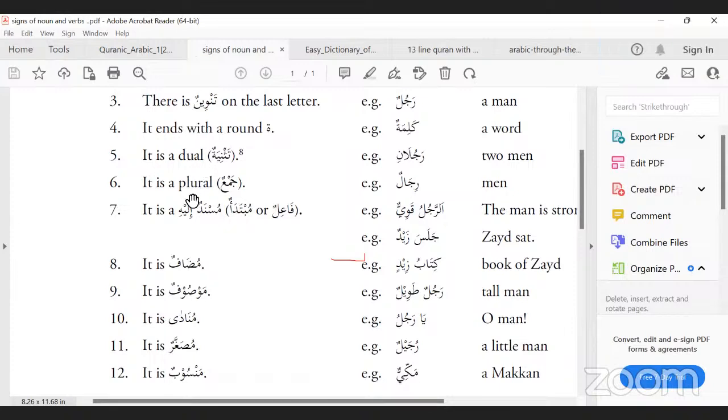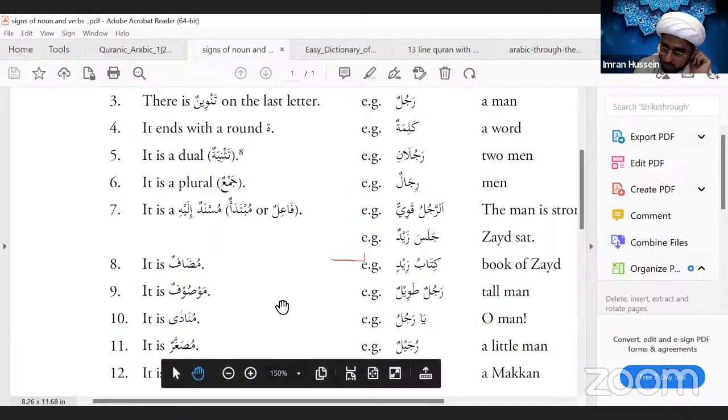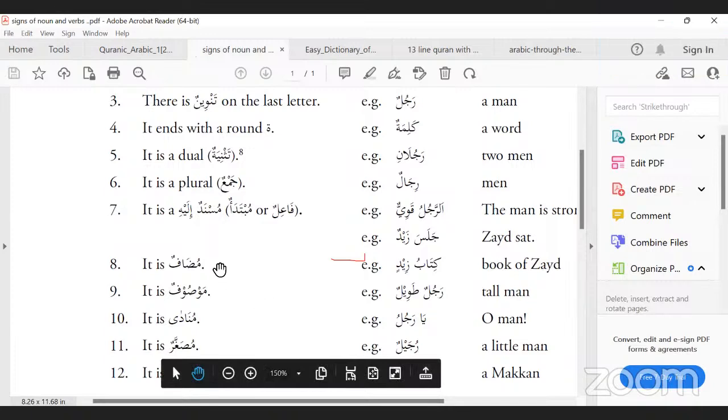Bismillah. Number 7. Let's read this and I'll help you understand it well. It is a musnadun ilayh.